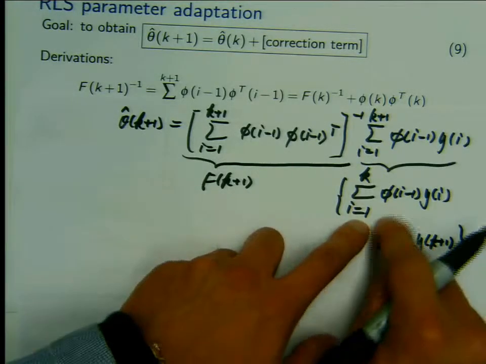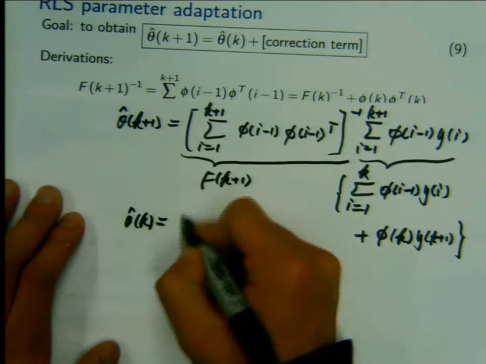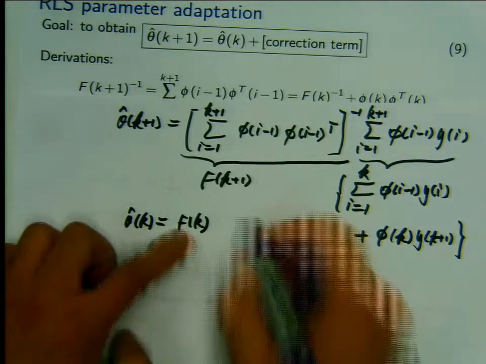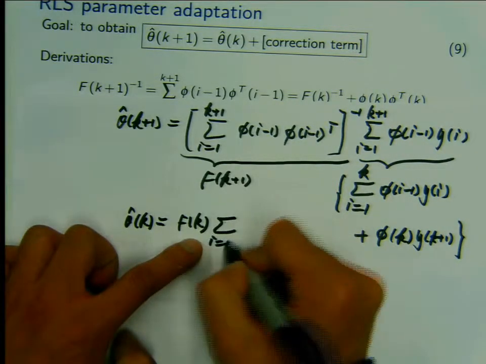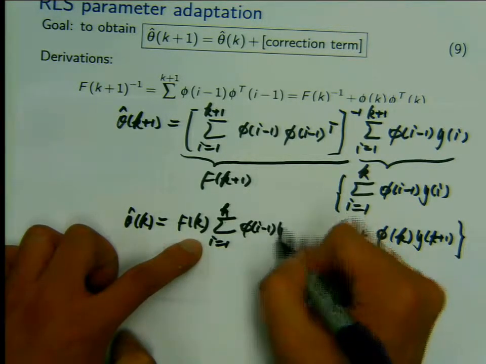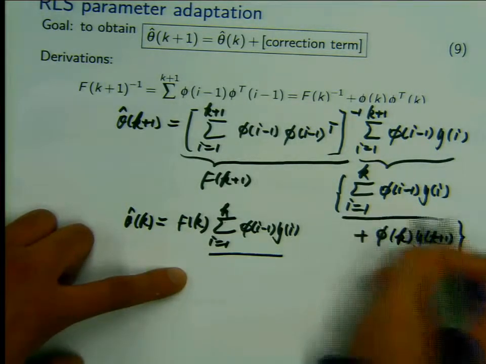It looks very familiar because when we write theta hat k equals F k times the summation from i equals 1 to k of phi i minus 1 y i, these two are exactly the same.